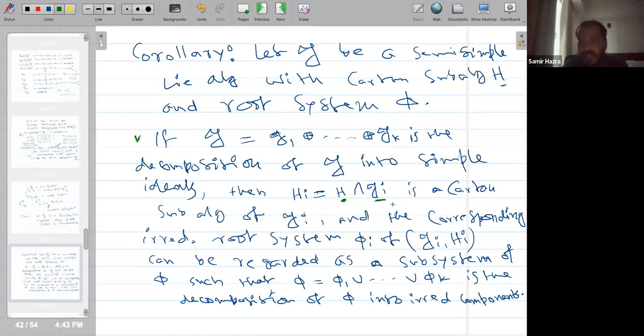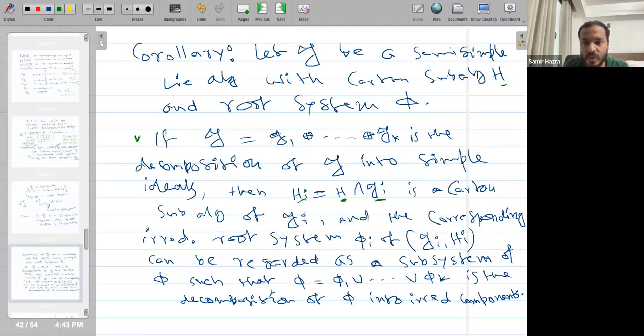It happens that this H_i is a Cartan subalgebra of G_i. Now G_i was a simple ideal, so basically it's the simple summand, and H_i is a Cartan algebra inside this, so it has a root system, right? Because it is semi-simple, simple and Cartan, we have a root system, and suppose we call it Phi_i. Basically, Phi_i is the root system of G_i, H_i.